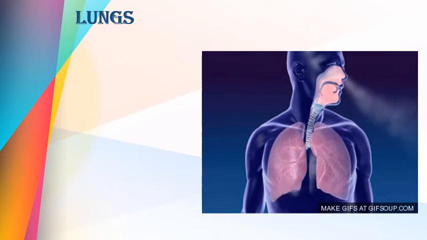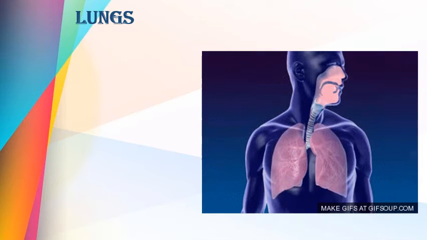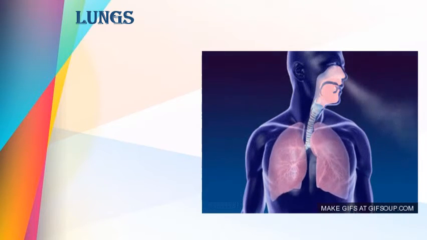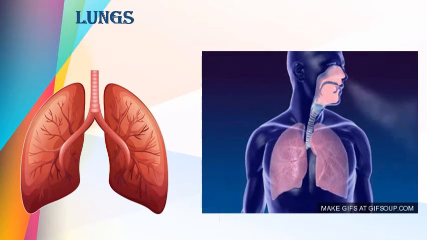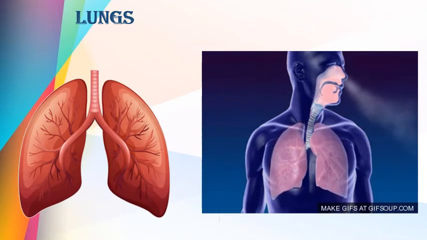Now students, we will move to our lungs. You know that lungs are our internal organs, right? When we breathe in, we take air in through the nose. The internal organs through which this air is supplied to the body are called lungs.